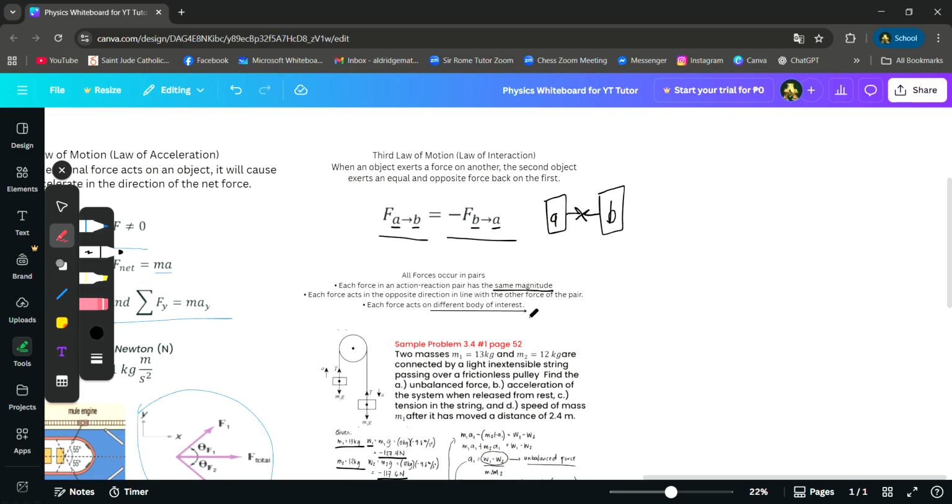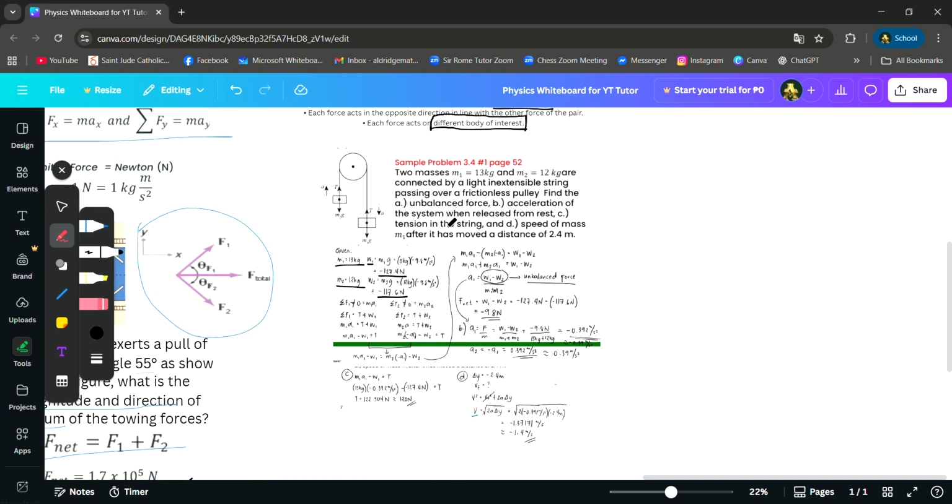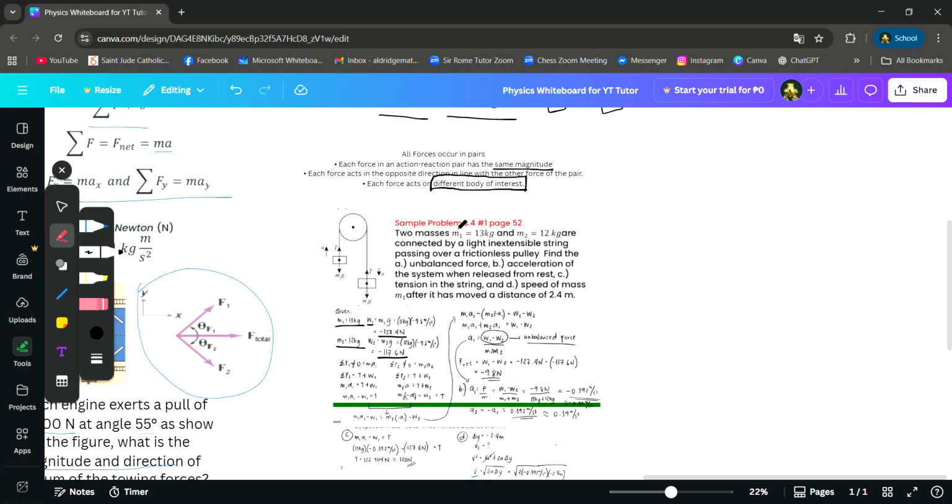This is important. This is very important. Different bodies of interest. So for the sample problem here, two masses, mass 1, which is 13 kilograms, and mass 2, which is 12, are connected by a light inextensible string passing over a frictionless pulley.